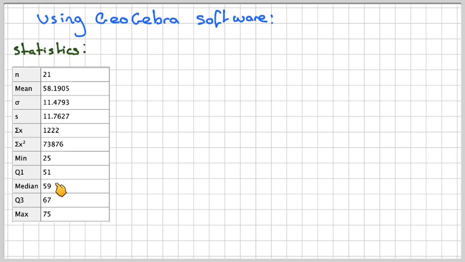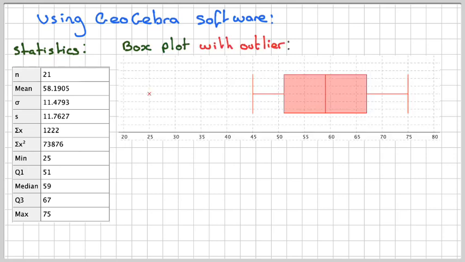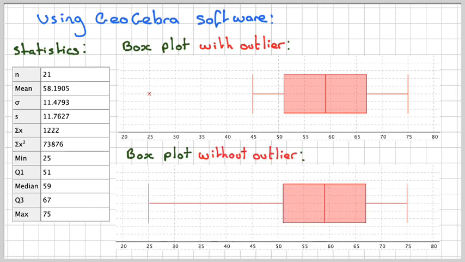Notice though, it does give you the minimum value as 25, so you would have to recognize that 25 is an outlier. Okay, so the software will actually do a box plot with the outlier, which is this one here. You can see the outlier here, and you can also do the box plot. I found out that you can also draw the box plot without the outlier. Obviously, you can see there's much less of a tail over here.